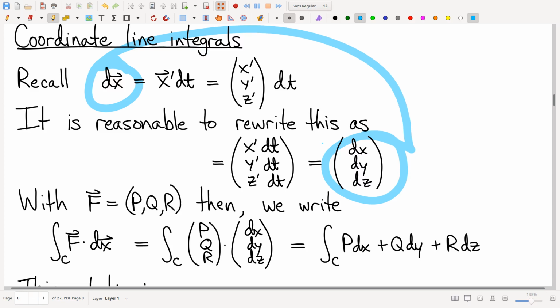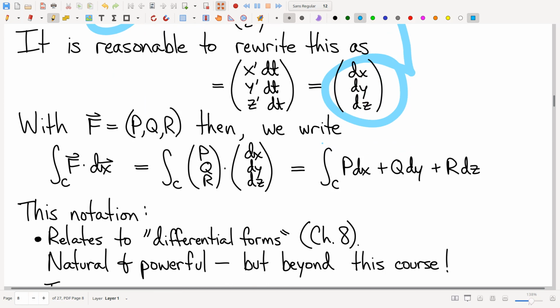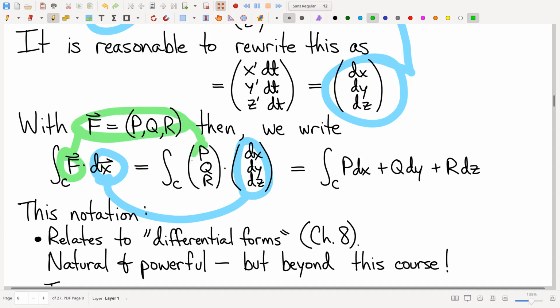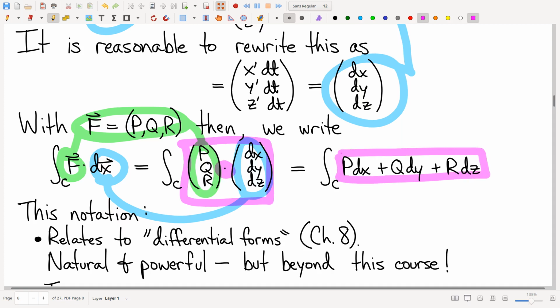So all we're going to do here is notice that if you just plug that in, if I just say, look, dx has coordinates, and if I look at my vector field, and if that vector field has coordinates, I can write those down. And then I can just straight up crank out this dot product. And that dot product turns into that.